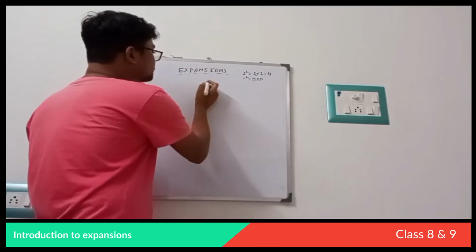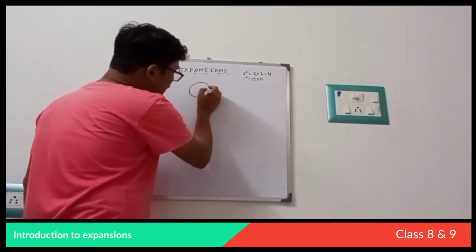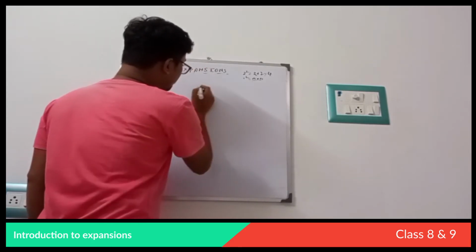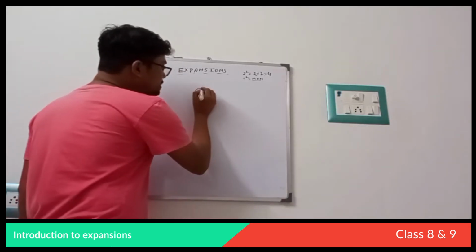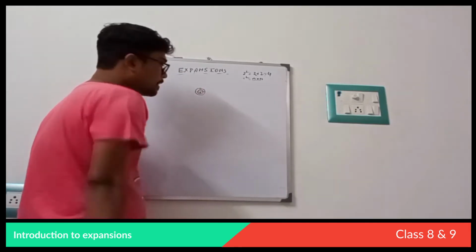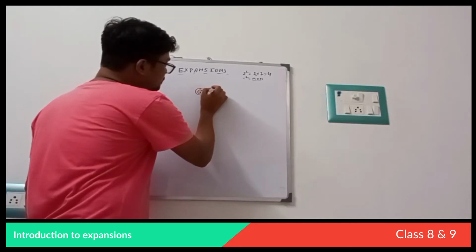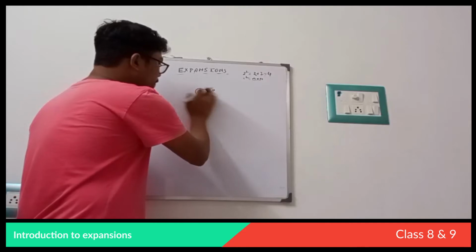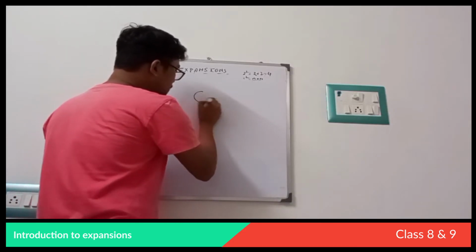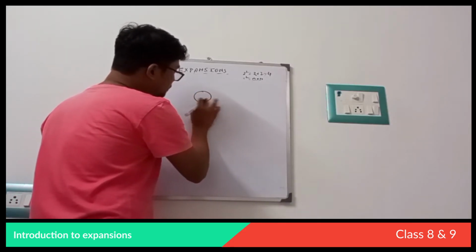Now suppose this is a ring. When we have this radius, capital R, and this is the smaller radius, small r. I will draw properly.